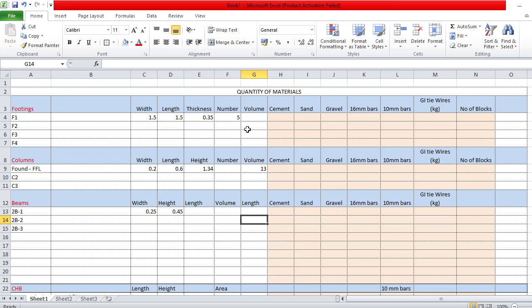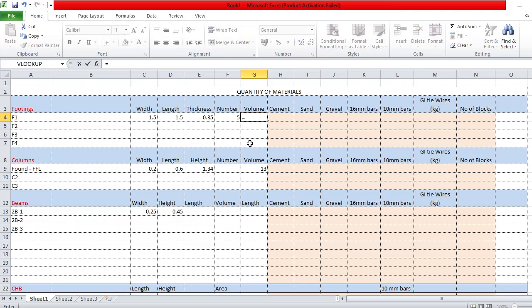So, say we have F1. F1 has a width of 1.5, a length of 1.5, a thickness of 0.35, a number of your footing is 5. How do you solve for the volume? So, ganito lang, di ba?